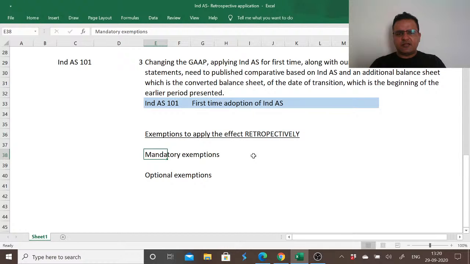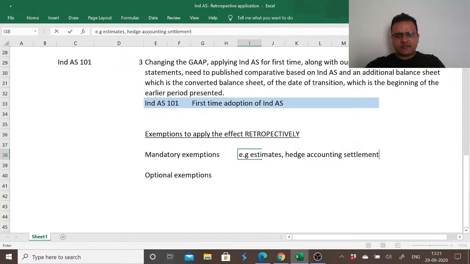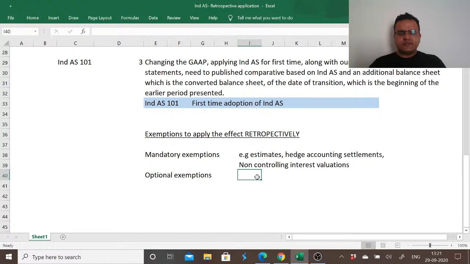For example, estimates, hedge accounting, settlements, non-controlling interest valuation, so there are some mandatory exemptions in 3 or 4 cases.